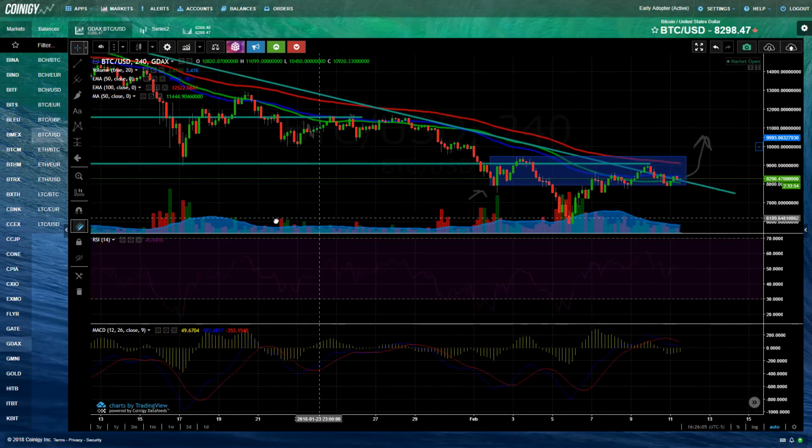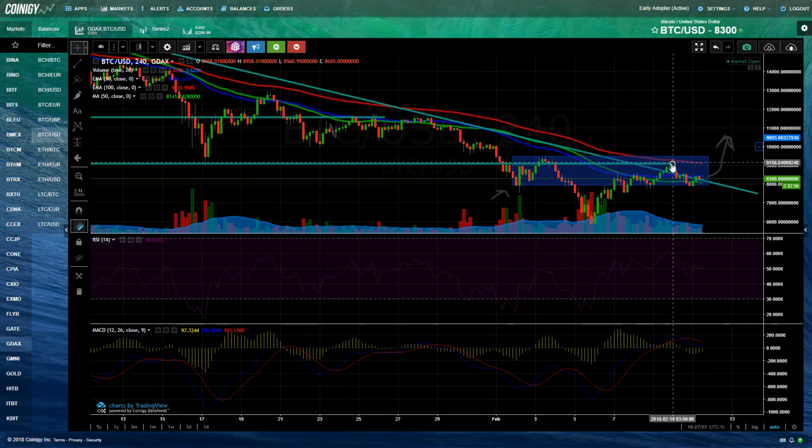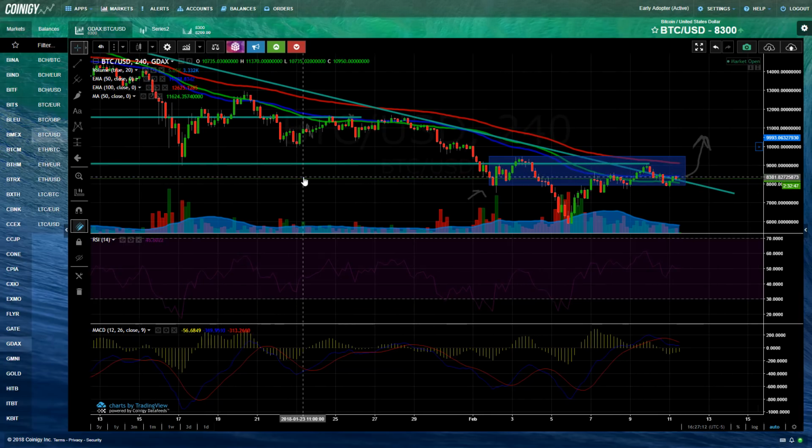Look how clear that line is. It literally hit perfectly. The low on this was 9,005 and the high on this was 9,090. Look how close that is. When you see this, it should tell you support and resistance can really be a huge predictor.